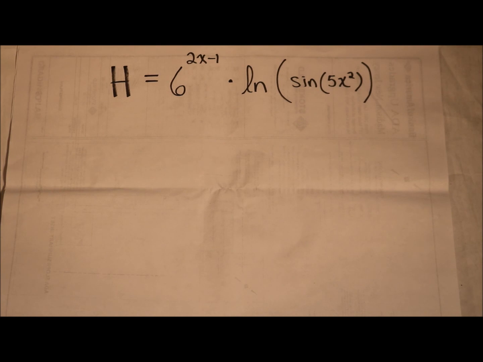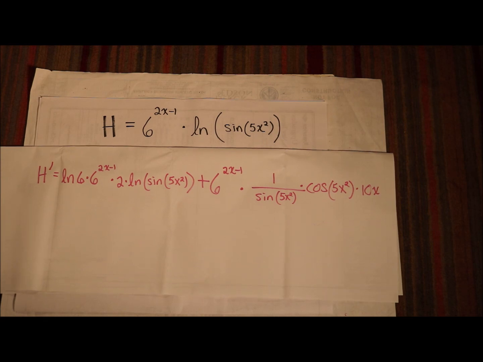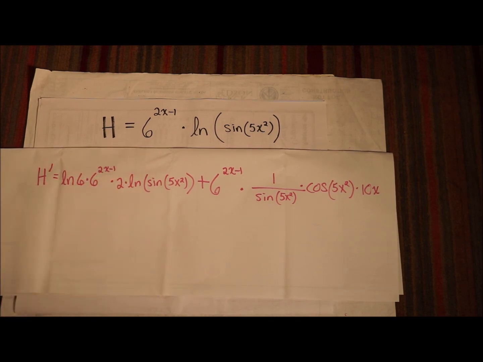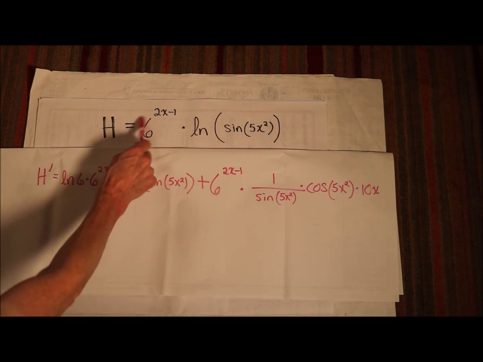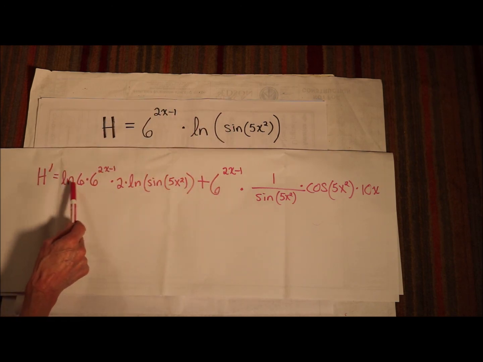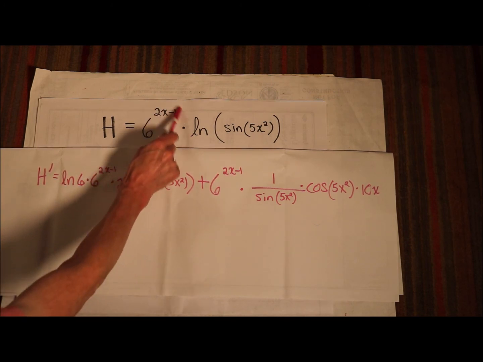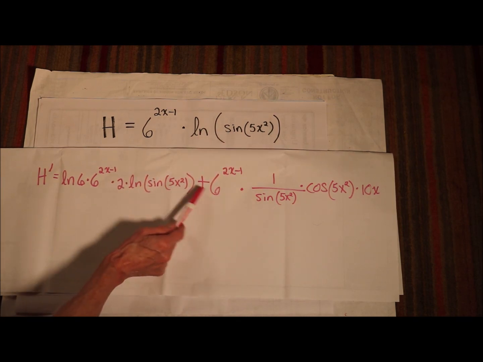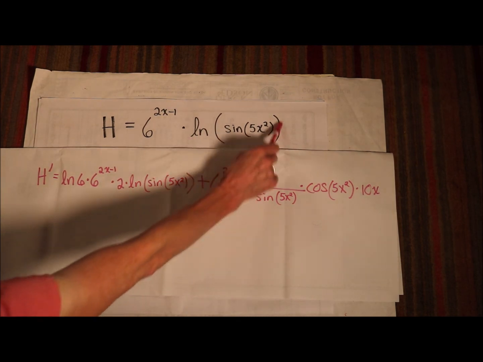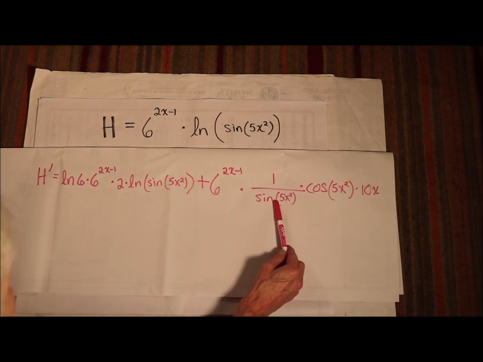Try this one. Take the derivative with respect to x. Wow, this one was so long I had to pan out. So this is the product rule, a, b. So the derivative of a prime, so that's the natural log of the base times the exponential term as it is, and the chain rule times 2, times b as it is, plus a as it is, times the derivative of that, so that's 1 over the sine of 5x squared.